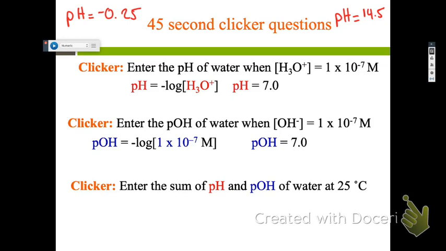Okay, so what does that mean? Can you have a 0.5 molar solution of H plus ions? Think about a strong acid. If you have a 1 molar solution of hydrochloric acid, it's almost a 1 molar solution of H plus ions. 10 to the negative 0.25.